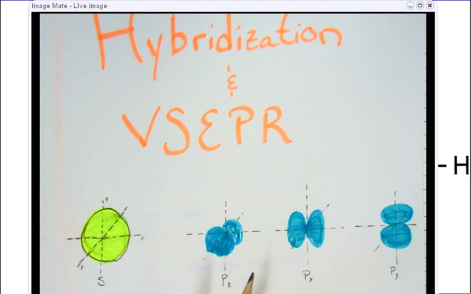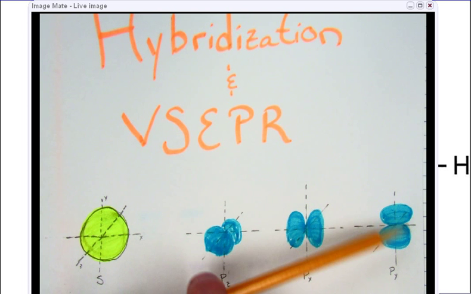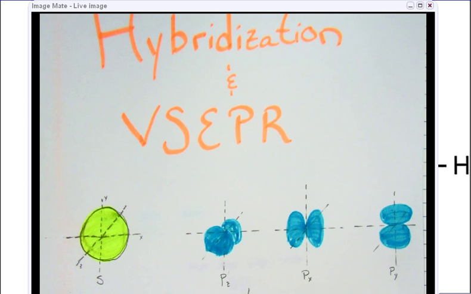You can lie along the x-axis, left and right, or the y-axis, top and bottom. In order to minimize electron pair repulsion, the s orbital can hybridize or combine with a p orbital to form a completely new wave function.